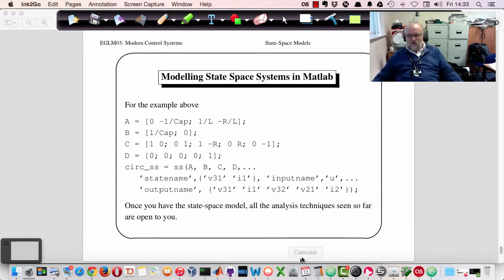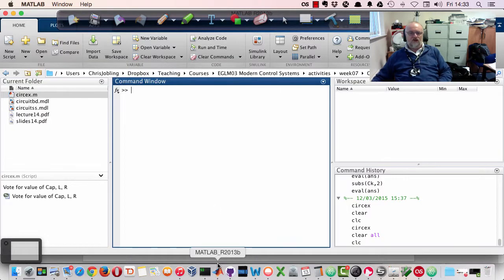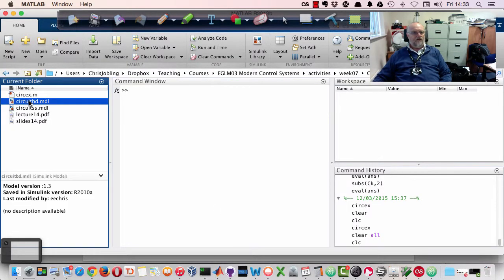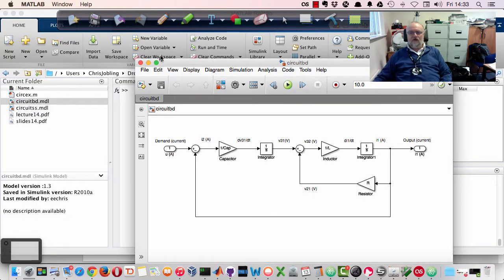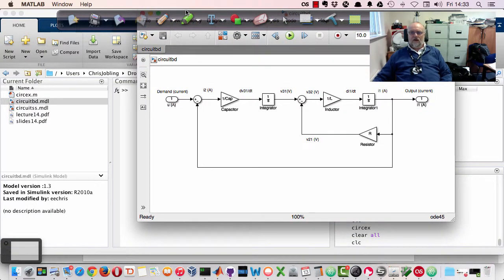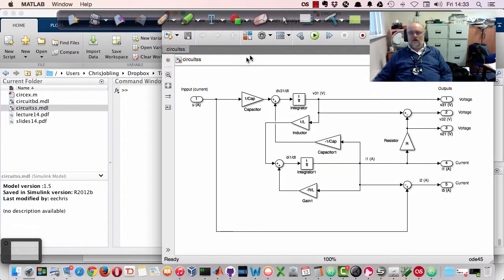So before we move to a conclusion, let me just show you one or two things. This is the block diagram of the model that we derived for the first example in Simulink. This is the more complicated example where all the possible outputs are listed here, all the various voltages and currents that are in that circuit.